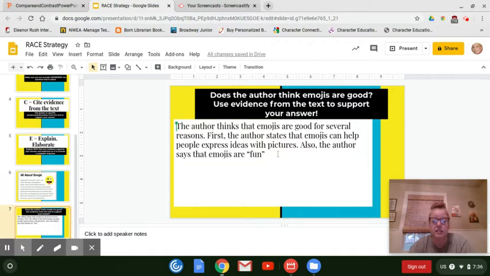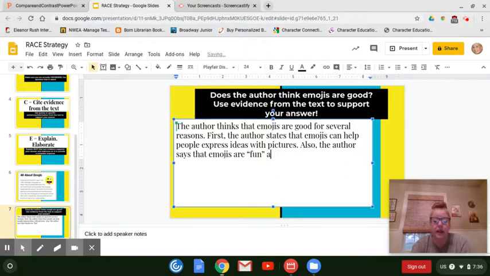The author states that emojis are fun and are a good way to show someone how you feel without using words. So I've already given actually 3 reasons why the author thinks that emojis are good.